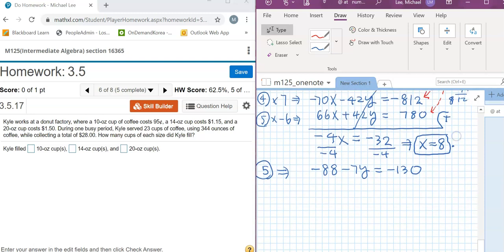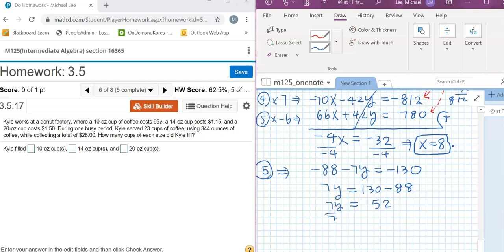That means 7y equals 130 minus 88, which is 52. Okay, 7y is 52.